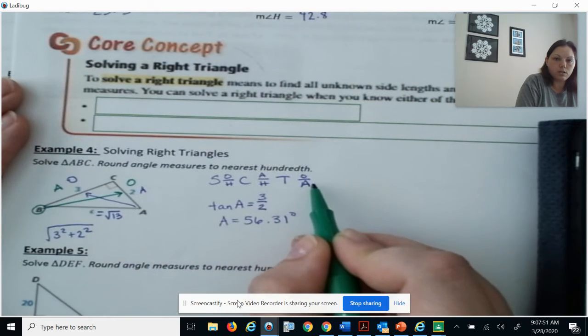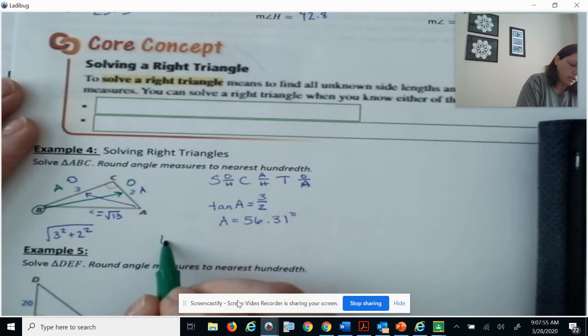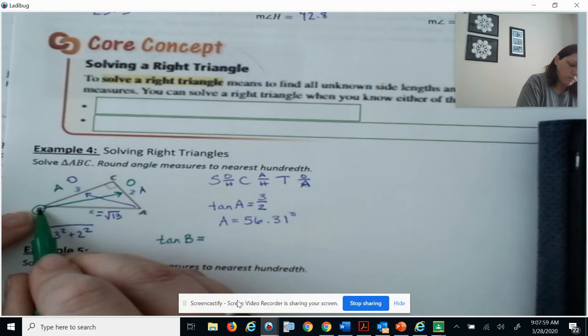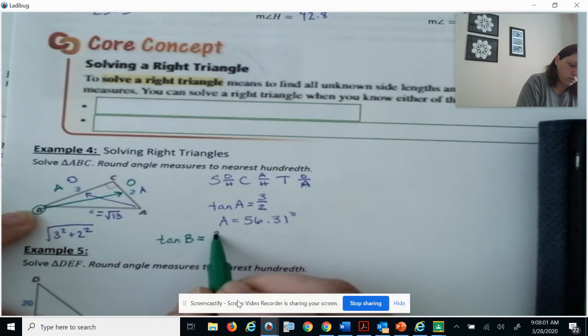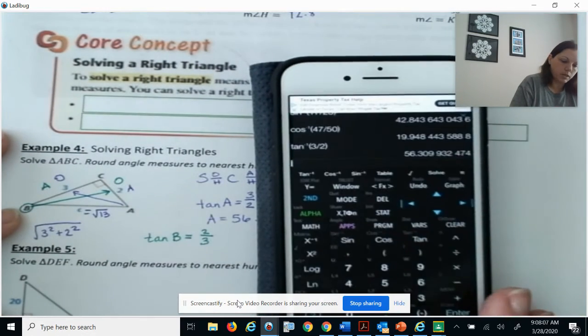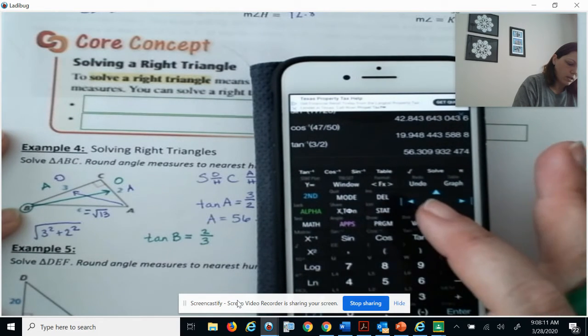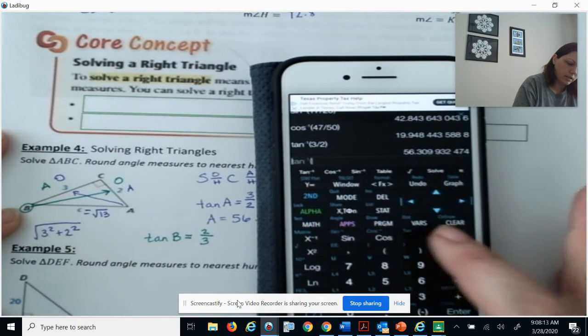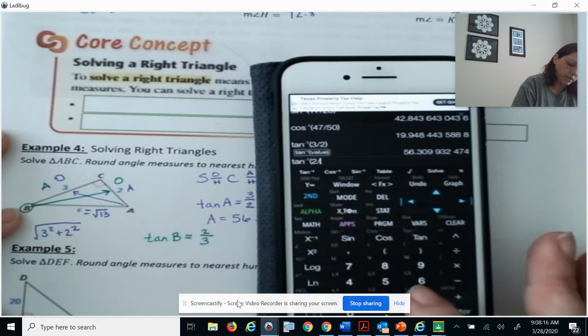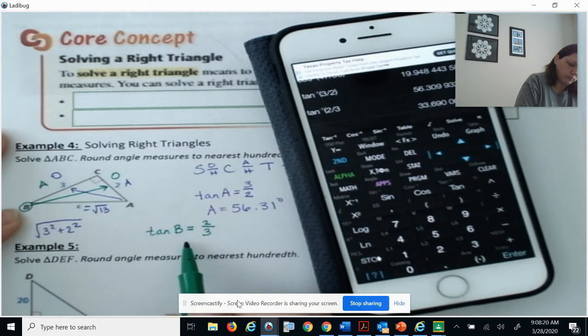So opposite and adjacent again mean I'm going to use the tangent, the T. So the tangent of B equals, for B, the opposite is 2 and the adjacent is 3. Then I'll put it in my calculator, come back. Second tan, 2 divided by 3, 33.69.